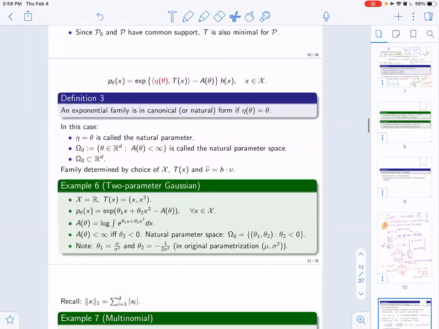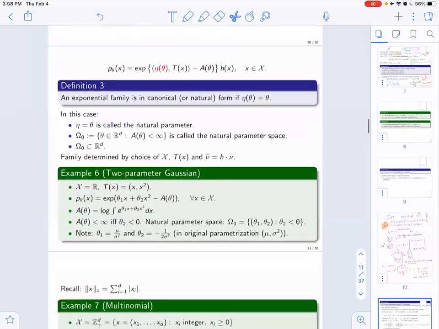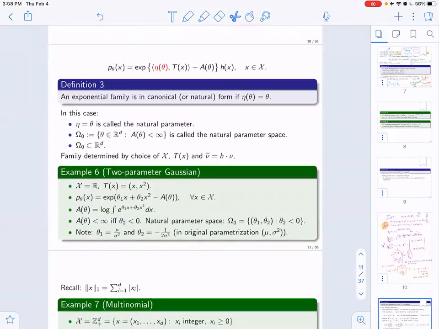Okay, so now going back to the definition, this parameterization in general allows you to map any abstract parameter space to R^d, and then build a probability distribution.